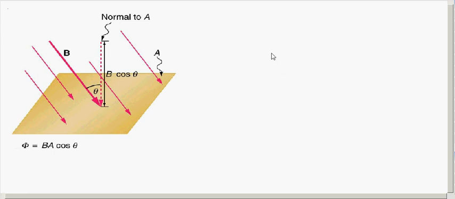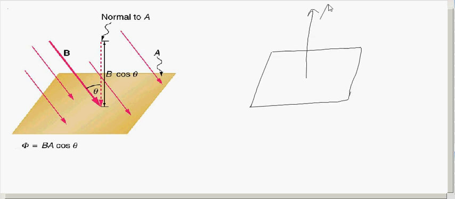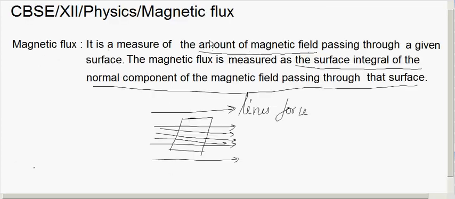The area vector is a vector which is drawn perpendicular to the area of the given surface, like this. Now you have this magnetic field. So to calculate the magnetic flux, you have to take all the field components which are parallel to this area vector, or perpendicular to the surface, because that is how the definition says.